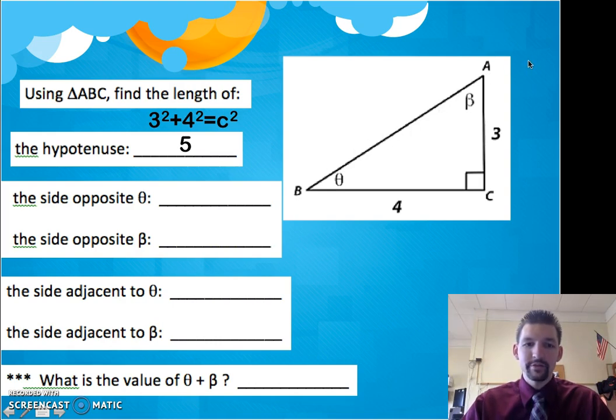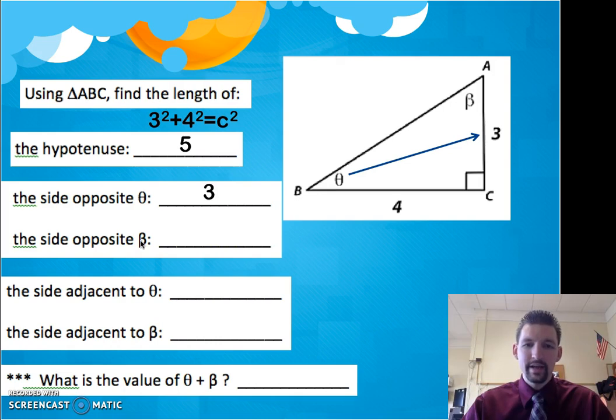The next thing you want to do is find the side opposite from theta. So we're going to take our theta, which is right here, and we're going to go across the triangle from that. Again, this little symbol here is theta. The side opposite theta is 3.